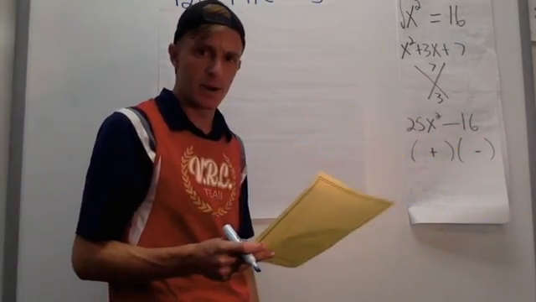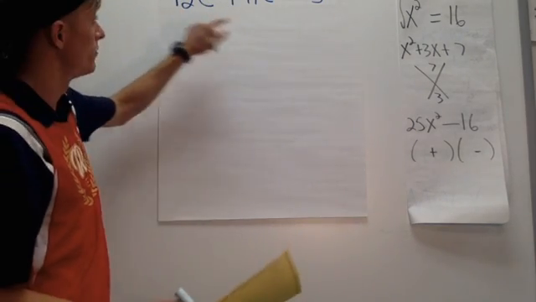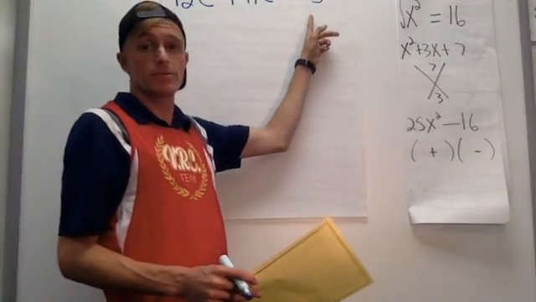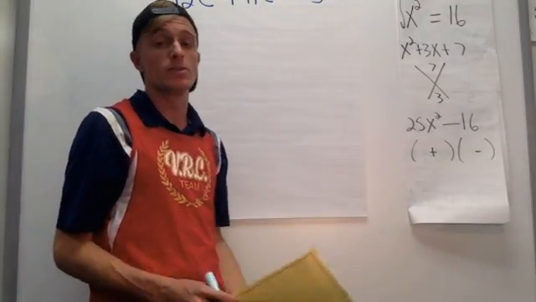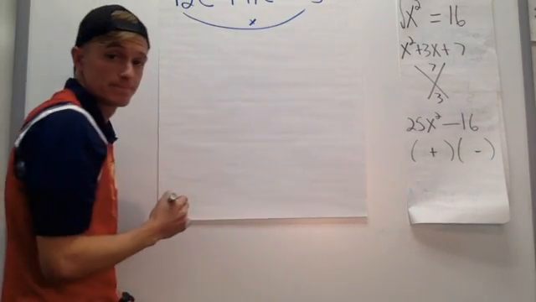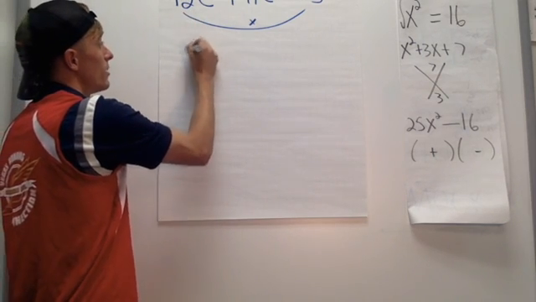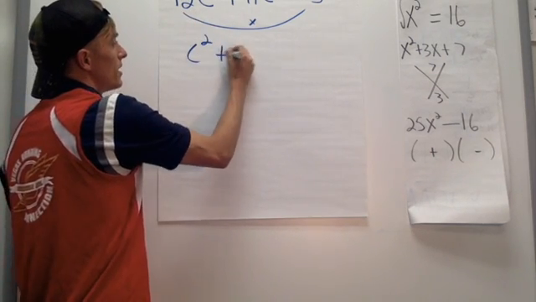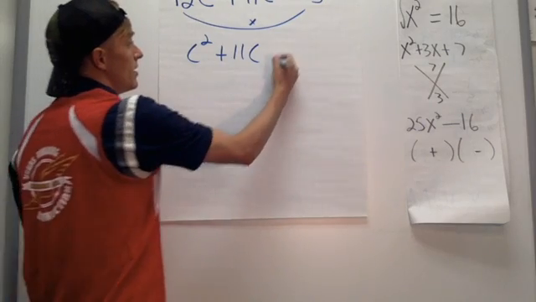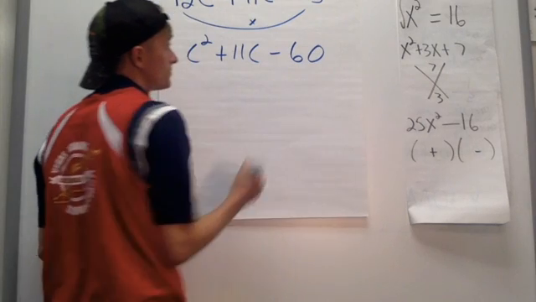All right, bottoms up. Look for a GCF. Is there a number that divides into 12, 11, and negative 5? There's not a number. So what we do, we multiply the front times the back. We drop the coefficient on the 12, so it becomes c squared plus 11c minus 12 times negative 5 is negative 60.